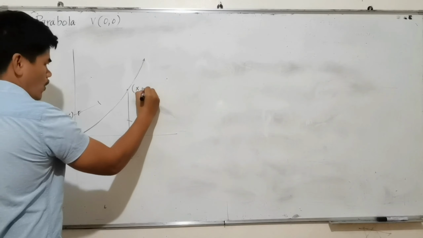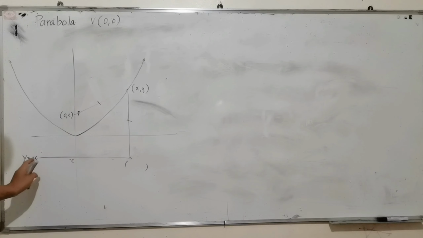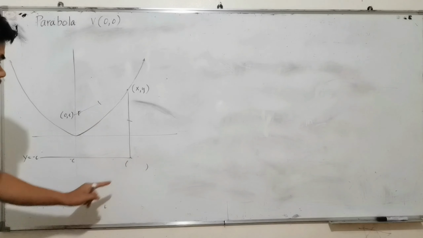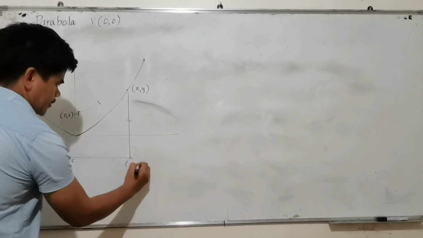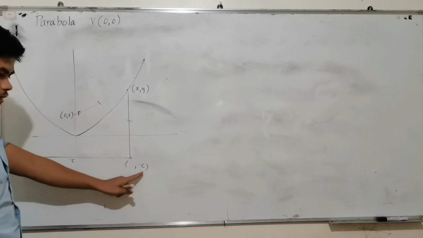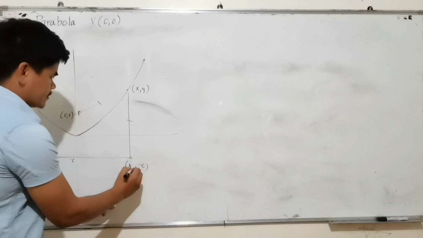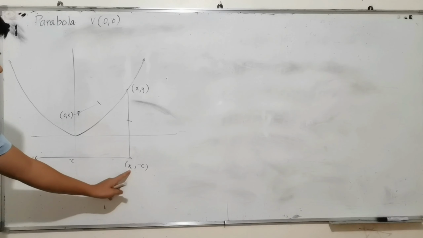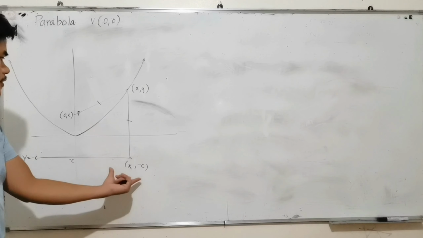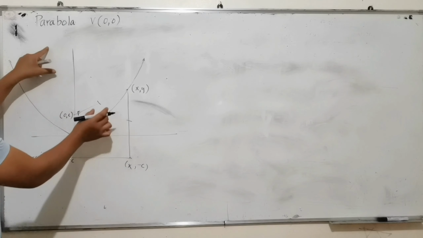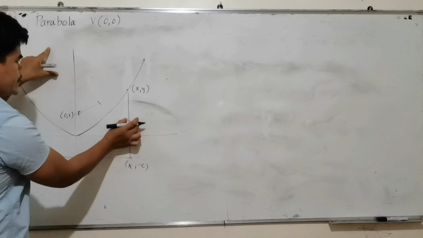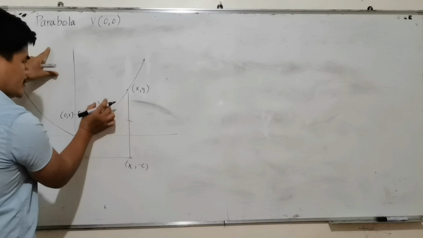And how about this point here? We need the ordered pair for this point. This is at line y equals negative c, so we have y as negative c. How about x? x is just x, right? So (x, negative c) is the ordered pair here. Now let us try to solve, since we assume that this is equal.